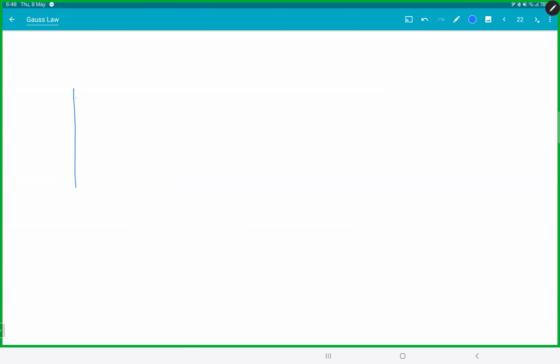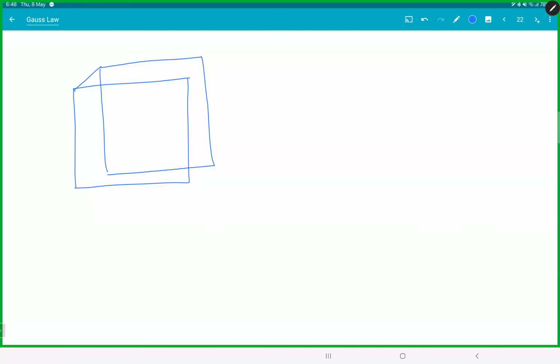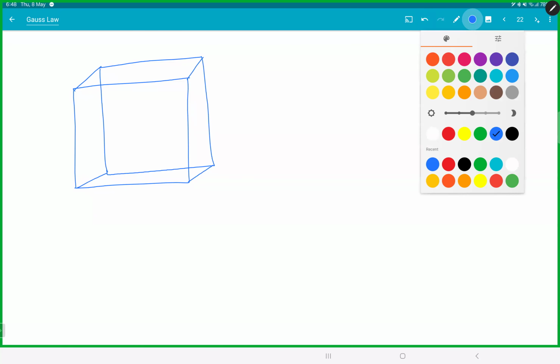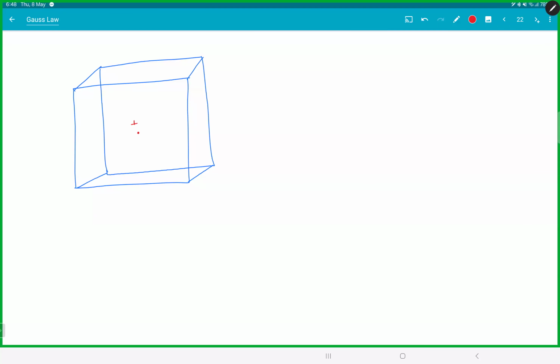If you make a cube of side A, so let's make a closed box, and now you put a charge Q here at the center. So this becomes the center. Now what is the flux through a closed surface? This is just what we studied, Q by epsilon.